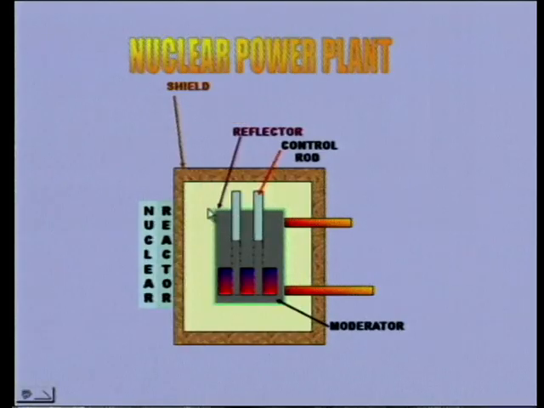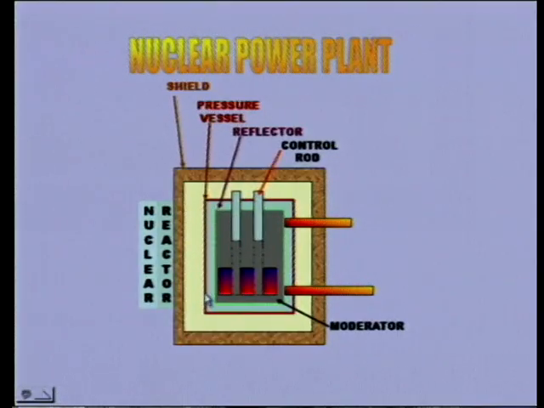Now, let us talk about the next important component in a nuclear reactor, that is, the pressure vessel. A pressure vessel is a thermal lining which surrounds the reactor core.